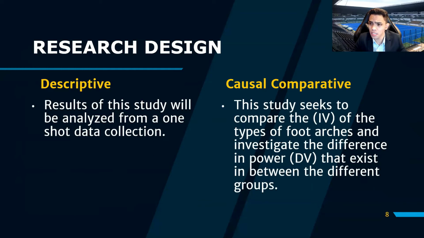Research questions and hypotheses of the study have been taken into account to align with the selected design of this research. The causal comparative design will be used in this study to compare the independent variable, the type of foot arch, and the dependent variable, power, between the different groups of high, medium, and low foot arch.